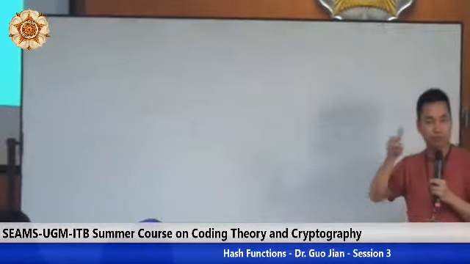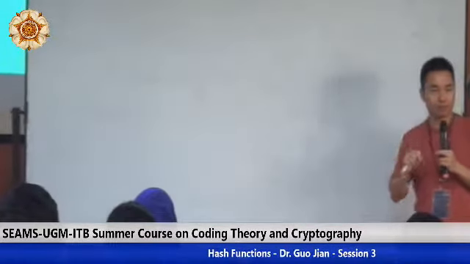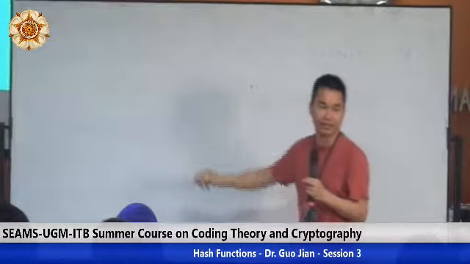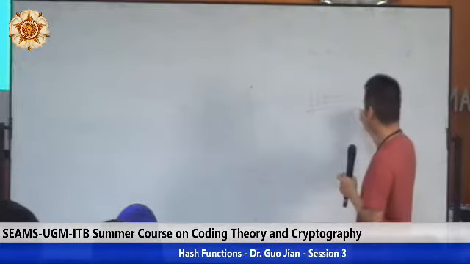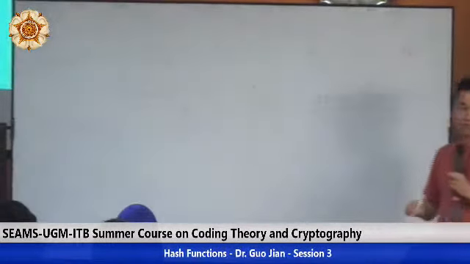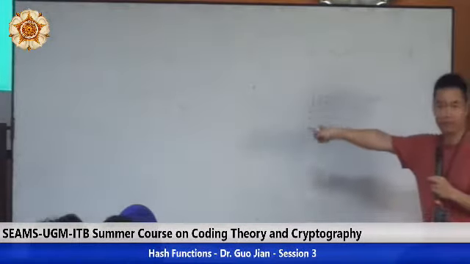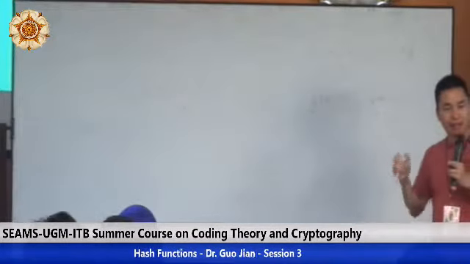For any pair, if it's random, what is the probability for it to be a collision? You have this big space, and for it to collide, the probability is exactly 2 to the negative n, one over the total size of the space. So that's your chance for a random pair to collide.